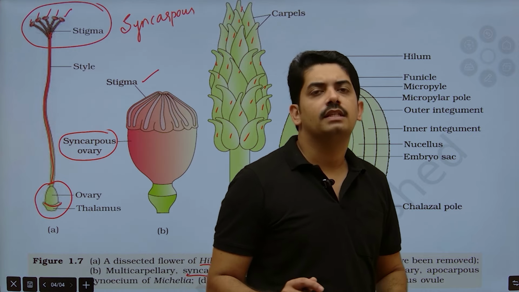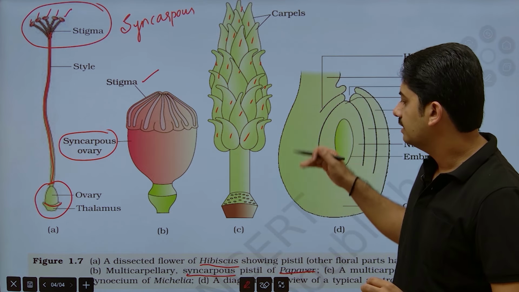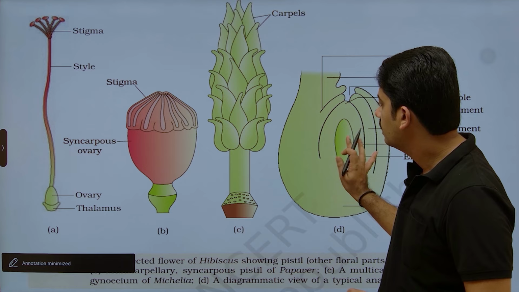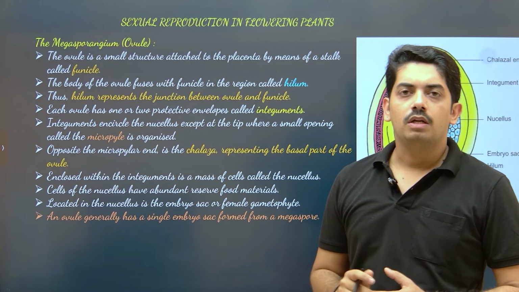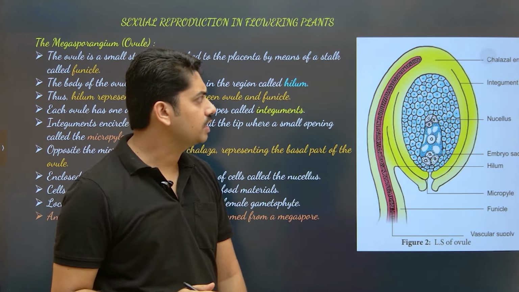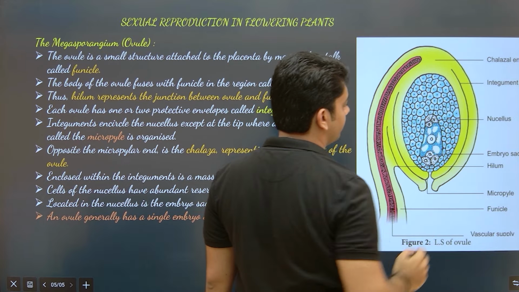So let us study this anatropous ovule in detail. Let me explain it by taking this diagram on the next page. Megasporogenesis, or the ovule. Just observe this picture, such a wonderful picture. You can see all the details.